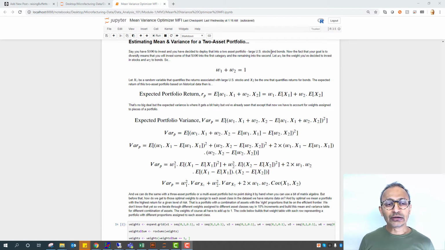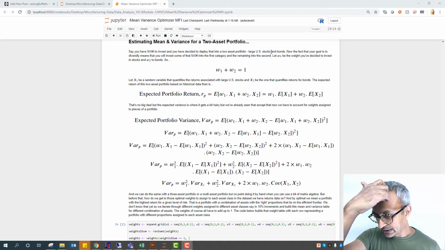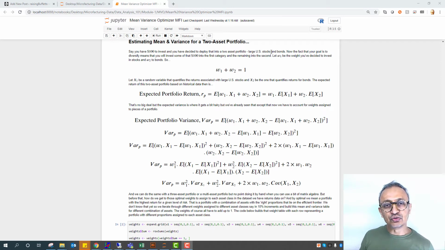So let's say x1 is the random variable which quantifies the returns associated with large company stocks, and x2 is the random variable which quantifies return on bonds. The expected return of this two asset portfolio, which is the mean return, is nothing different from what we have done in the past, except that now you have these weight components. It might look a little complicated, but ultimately you are calculating the average return based on the amount of money you put into each asset class.